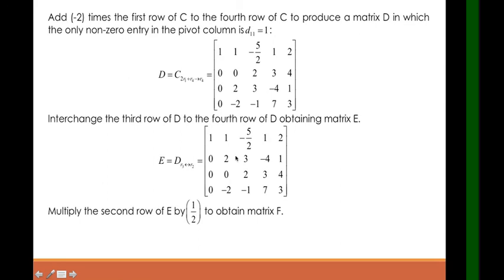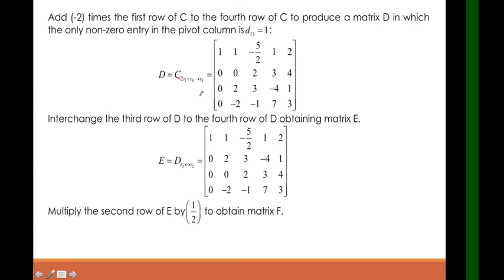The instruction says: add negative 2 times the first row of C to the fourth row of C to produce a matrix D in which the only non-zero entry in the pivot column is 1. So this is negative 2 R sub 1 plus R sub 4.